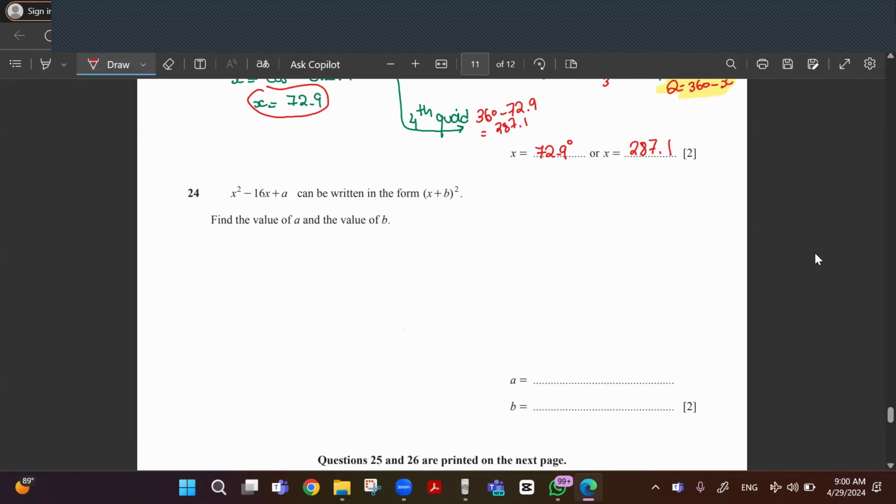For question 24 here, x squared minus 16x plus a can be written in this form: (x plus b) all power 2. Find the value of a and b.